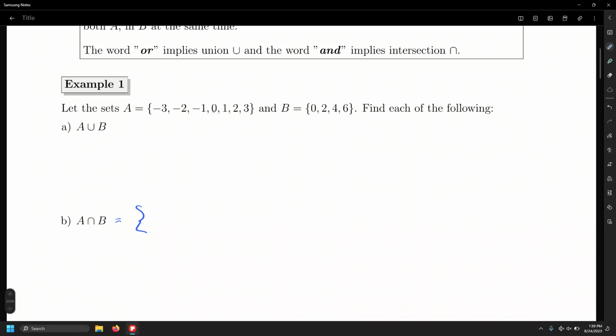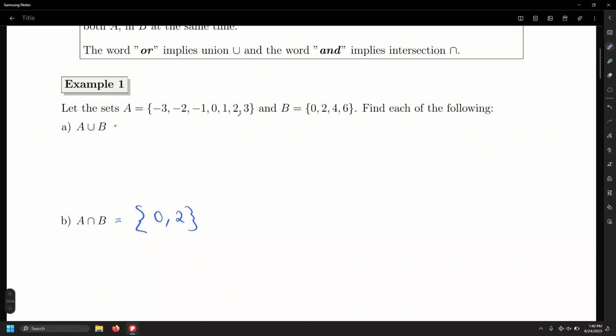However, what about 0? Is 0 in both? Okay, I'm going to write down 0, comma. 1 is not in set B, so I'm not going to write it. And then the number 2 is, and I think that's about it, because the first set goes all the way to the number 3, and 4 and 6 are not in both sets. All right, so that's the intersection of both.